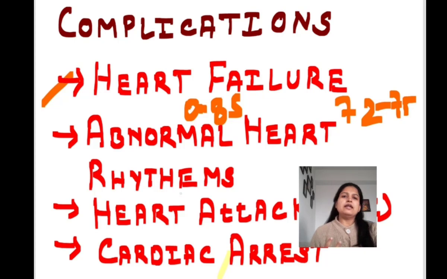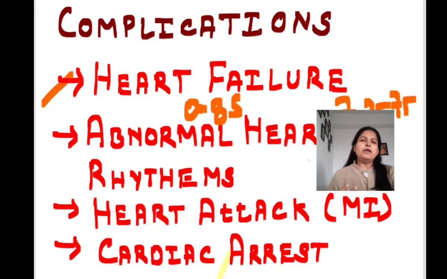If there is some problem in the coronary artery, it will stop the heart from performing its normal function, and it will lead to abnormal heart rhythms or abnormal heart beats. Now, the third complication which can arise due to CAD is the heart attack or myocardial infarction.